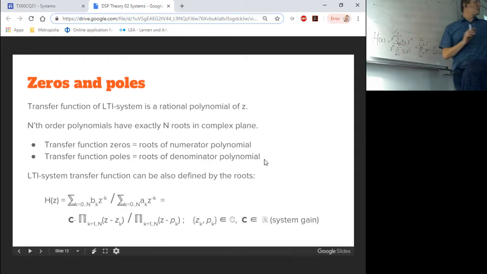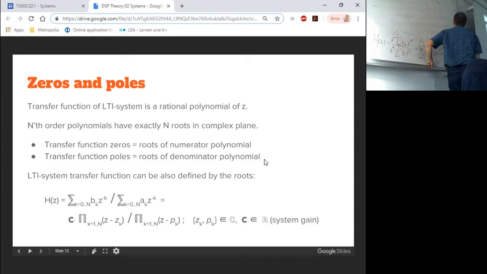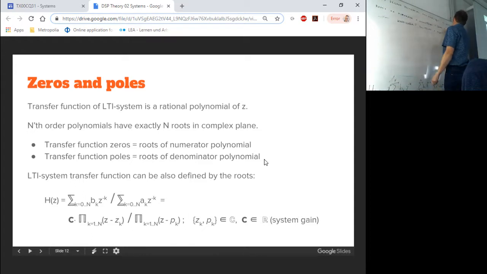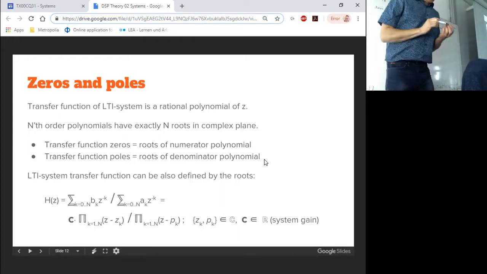Okay, so I have n polynomial roots here and n polynomial roots there. Zeros and poles. These are the zk and these are the pk. Good.